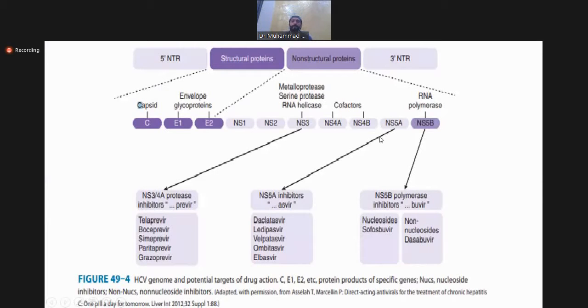Therapy for hepatitis C virus is usually aimed at inhibiting these non-structural proteins. So you have NS3/4A protease inhibitors, whose suffix is previr. Then you have the NS5A inhibitors, which end in asvir. And then you have the NS5B, which is the RNA polymerase, whose inhibitors end in buvir. So you have buvir, asvir, and previr. So basically, we have to look at these.